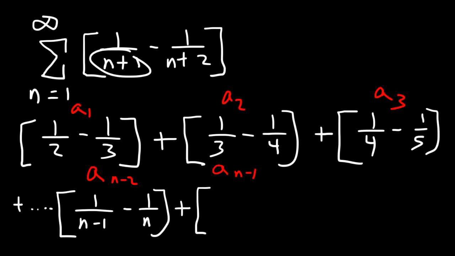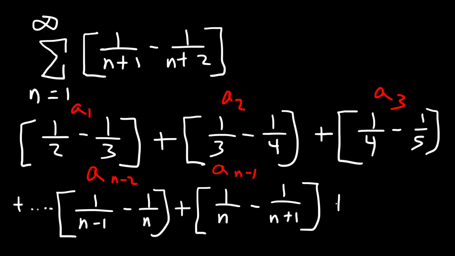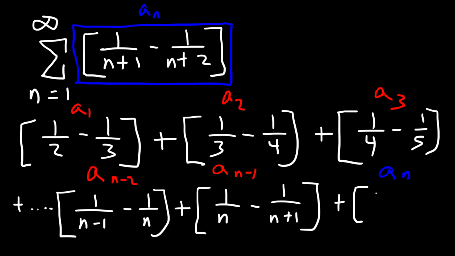So n minus 1 plus 1, that's just n. And then n minus 1 plus 2, negative 1 plus 2 is 1. So it becomes n plus 1. And finally, the last term of the sequence is a sub n. That's just going to be 1 over n plus 1 minus 1 over n plus 2.